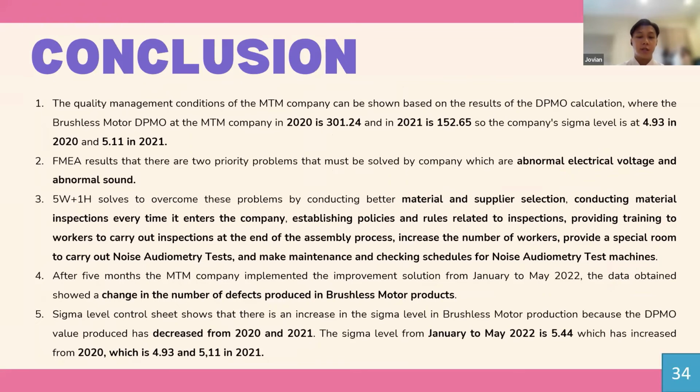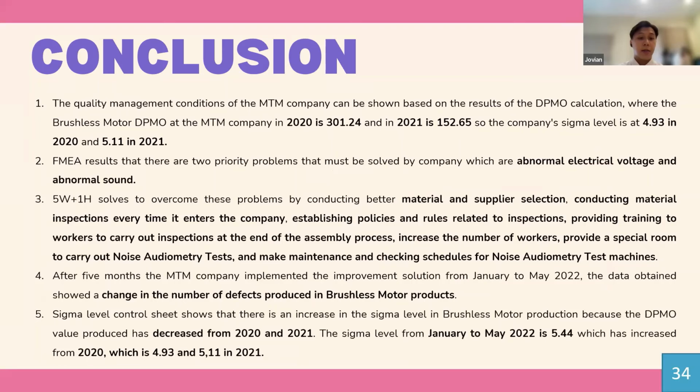And this is the conclusion of this research. The quality management condition of the MTM company can be shown based on the result of the DPMO calculation. The company's sigma level is 4.93 in 2020 and 5.11 in 2021.